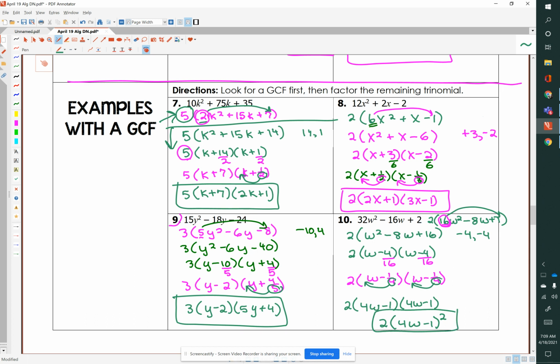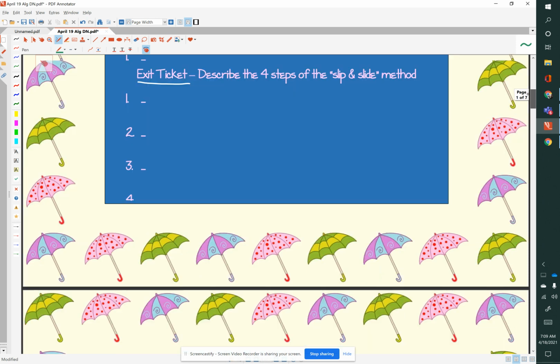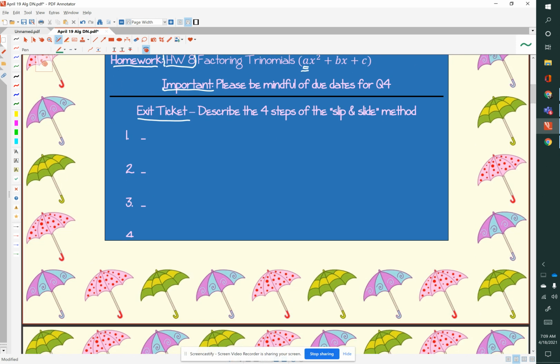How did you do today? I do want to go back to our exit ticket and review those steps. So slip A to the end of the trinomial, multiplied by C. Okay, factor the new basic trinomial.